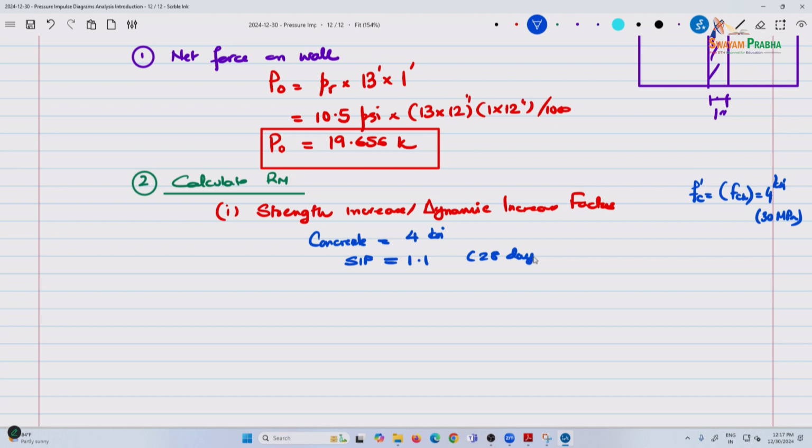There was a chart I had given you a while ago which showed 3 different graphs showing the dynamic strength increase factors. So you can use that. Typically it might even be longer than 28 days. For steel, which is our 60 KSI, so this is your 415 megapascal steel, the strength increase factor is also 1.1.